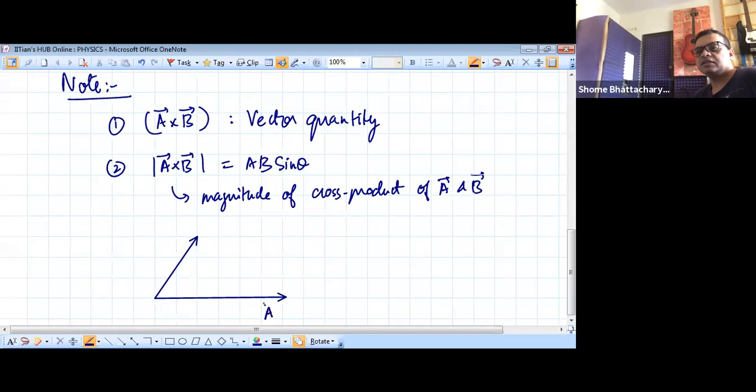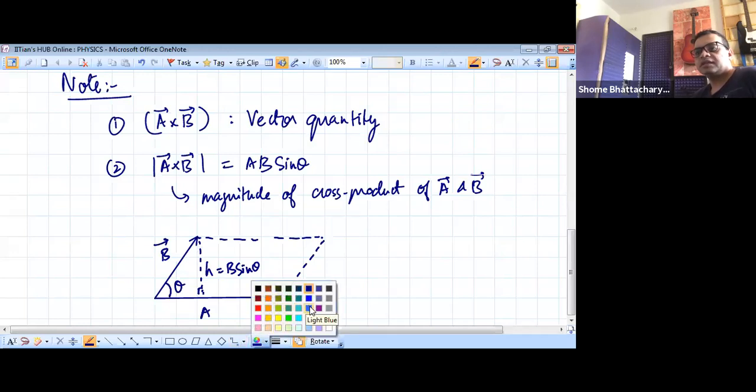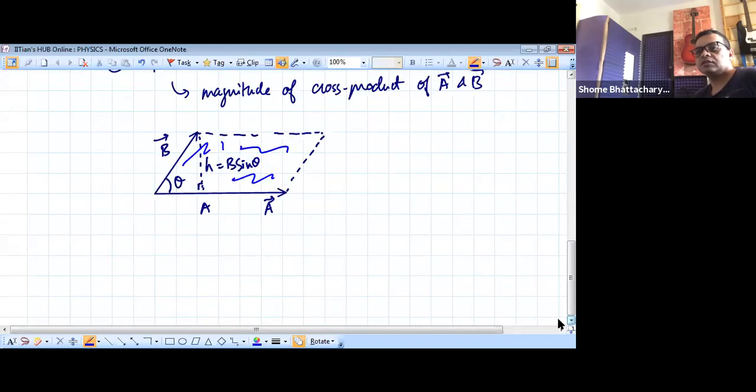This is the vector A and this is the vector B, and the angle between them is theta. If you drop a perpendicular here, this height is nothing but B sine theta, and the base is nothing but A. So the area of this parallelogram formed by the vectors A and B is represented by the quantity AB sine theta.